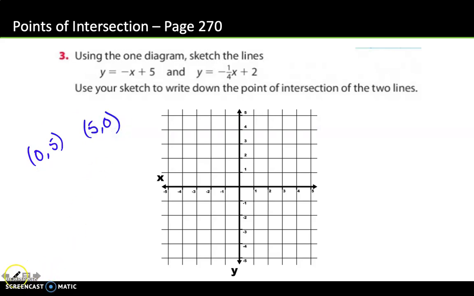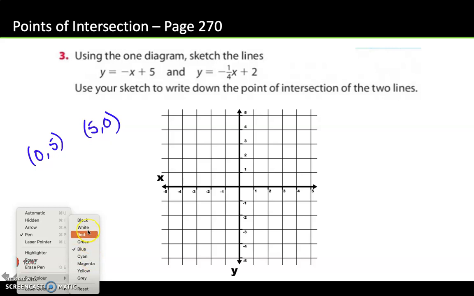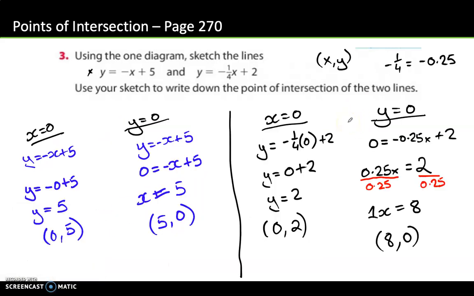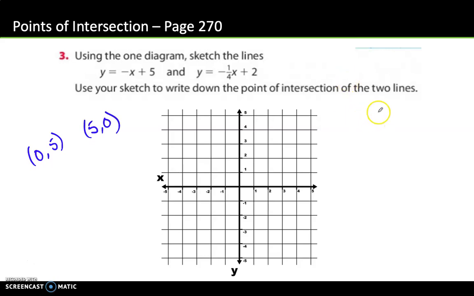And in black, we're going to have the points 0, 2, and 8, 0. You're going to have to extend this a little bit further to 8, 6, 7, 8, okay, for 8, 0. So pause the video and try to plot the two lines and tell me what your point of intersection is.